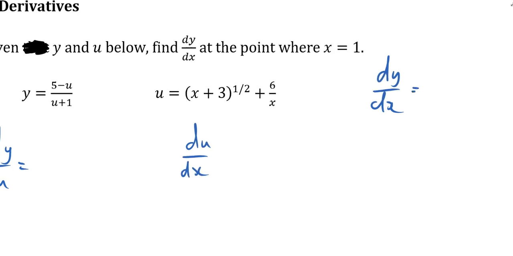So dy by dx will just be the product of those two things. It literally is like fraction math where the du's cancel, and I'm left with dy by dx.